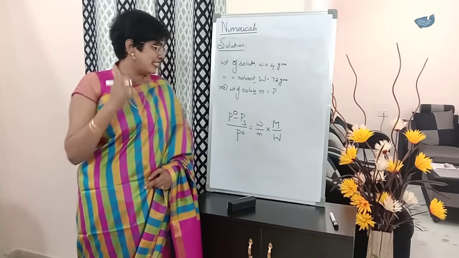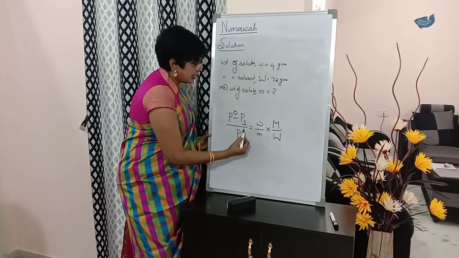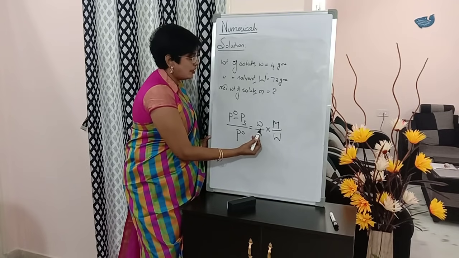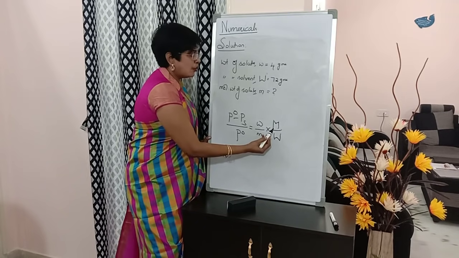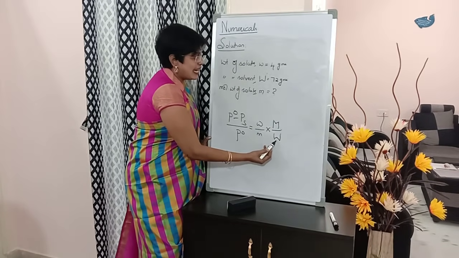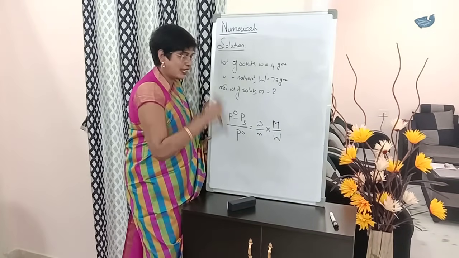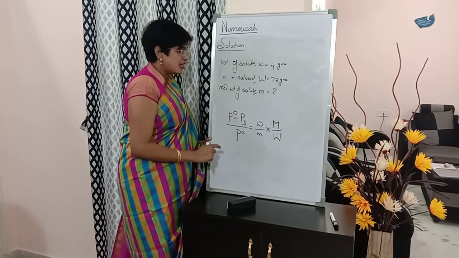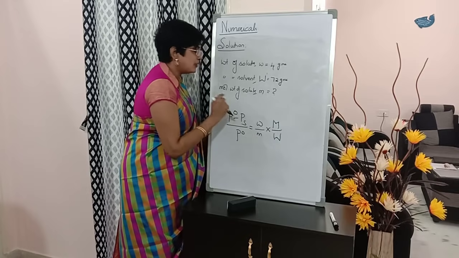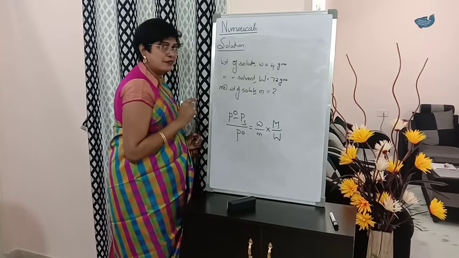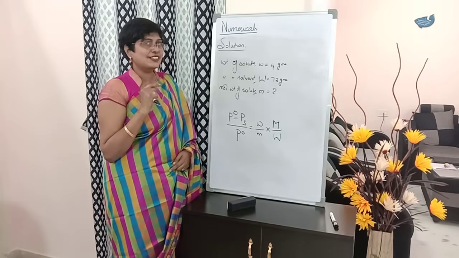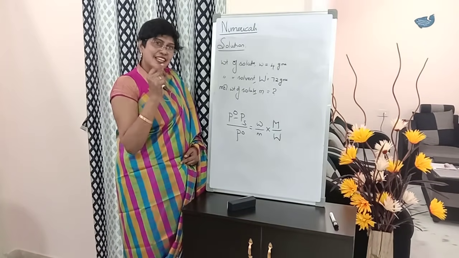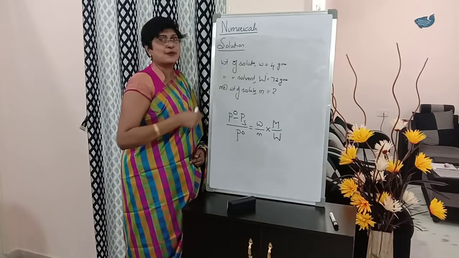Exactly. So (P0 minus Ps) by P0 is equal to weight of the solute by molecular weight of the solute, into molecular weight of solvent by weight of the solvent. So from this formula, we can calculate small m, that is the molecular weight of the solute. Now you understood why we calculated (P0 minus Ps) by P0. Now we can take that value and substitute here.